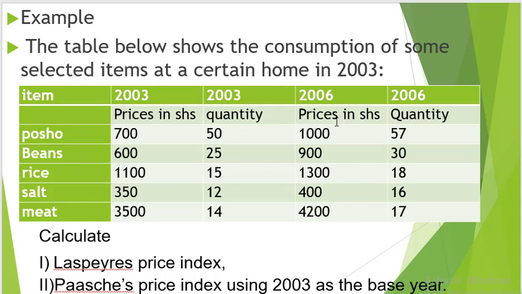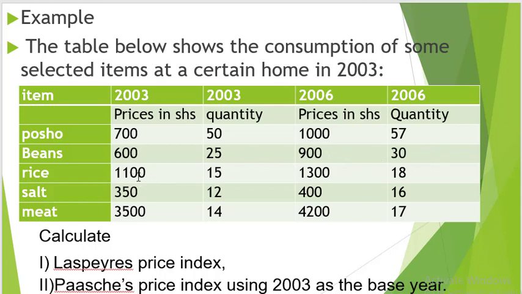In 2006, the price is 1000 and the quantity is 57. Then beans, in 2003, the price was 600 and the quantity 25. And then in 2006, the price went up to 900 and the quantity 30.